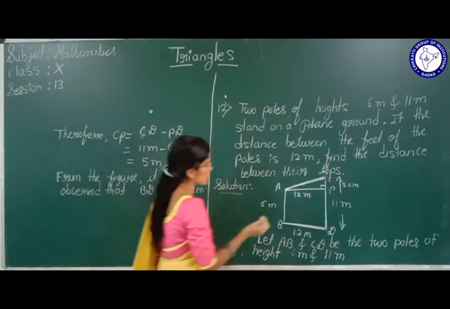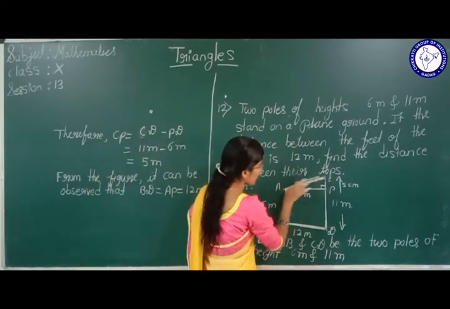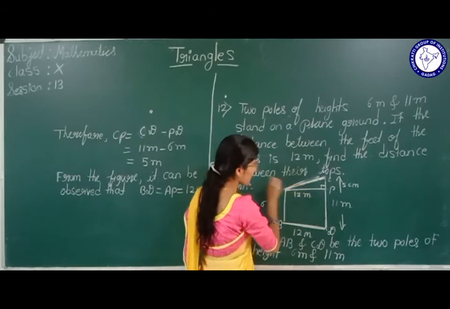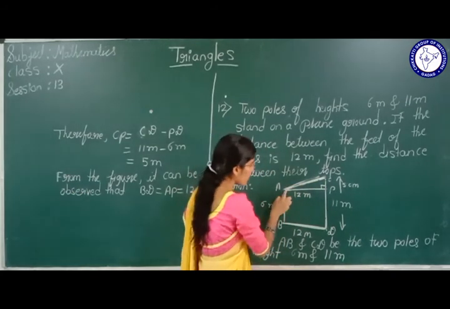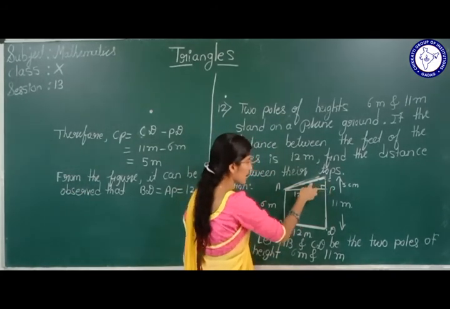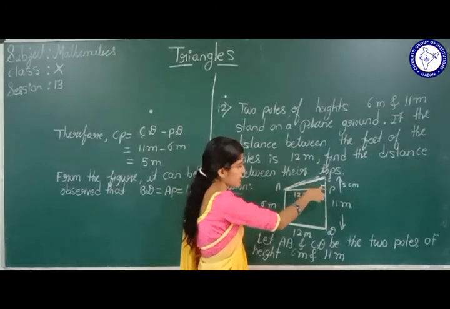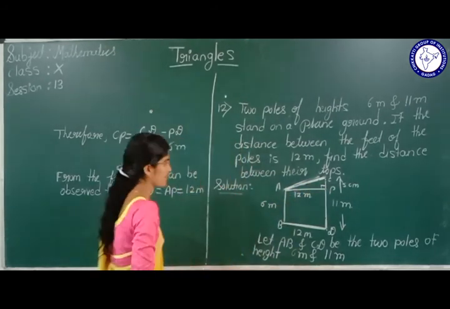Now see students, we have to find the length of AC, right? We know AP, we know CP. We can apply here Pythagoras theorem because the angle P is 90 degree.